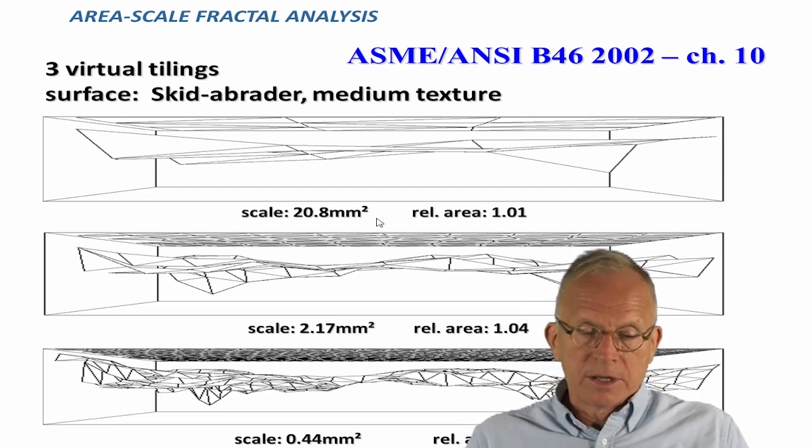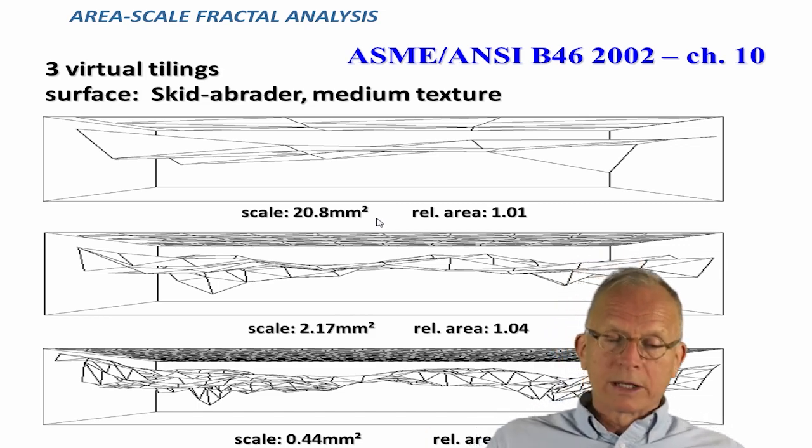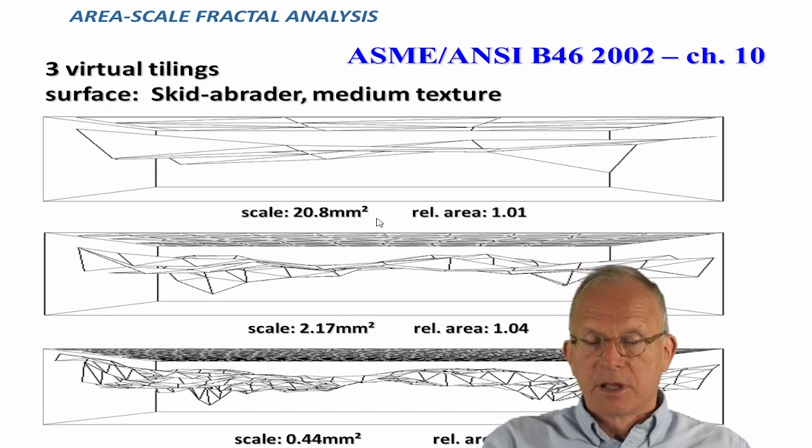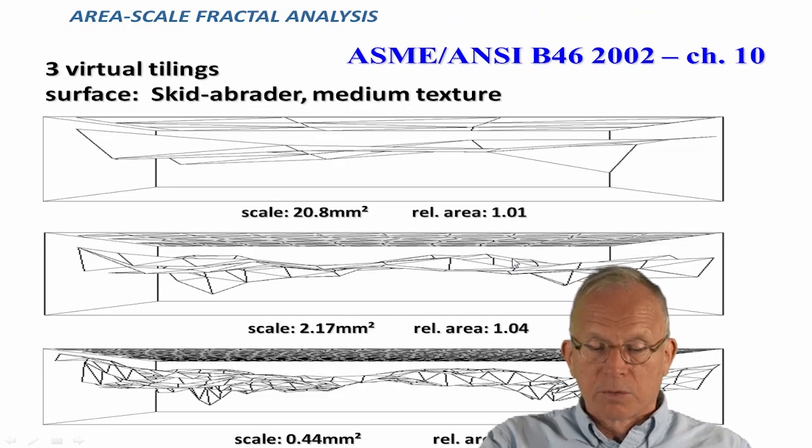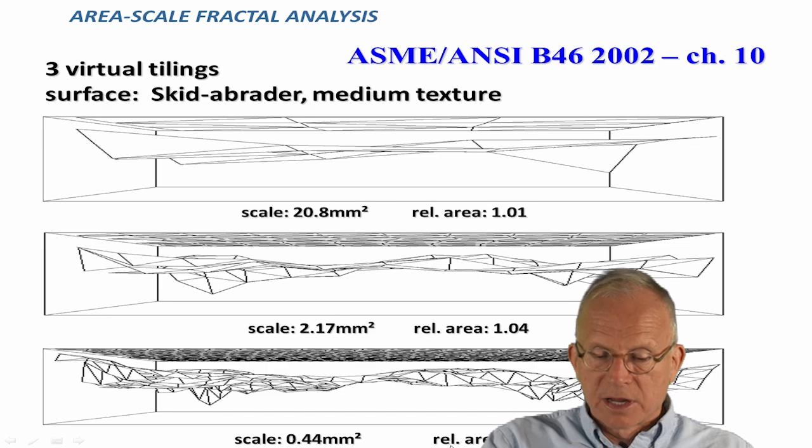So here is virtual tiling. Here we're trying to tell how quickly can we tell something about the surfaces. And so here is a relatively large scale where we're looking at some of these surfaces. And then here's a finer scale and a finer scale.